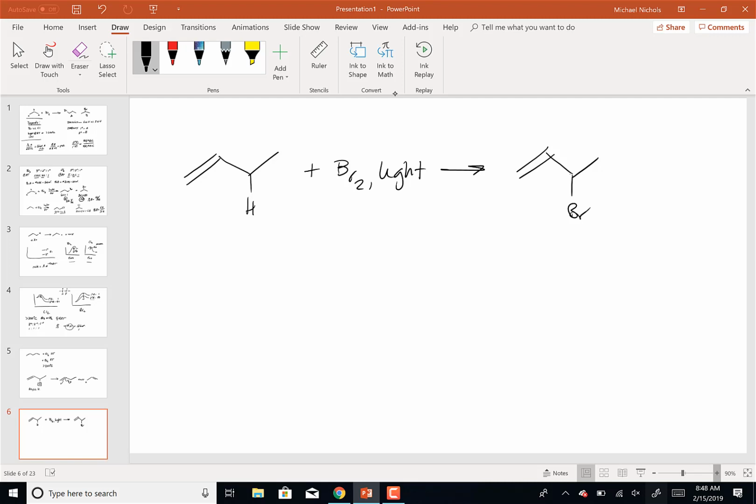Or, what kind of carbon is that? What would it be called? That's the benzylic position.